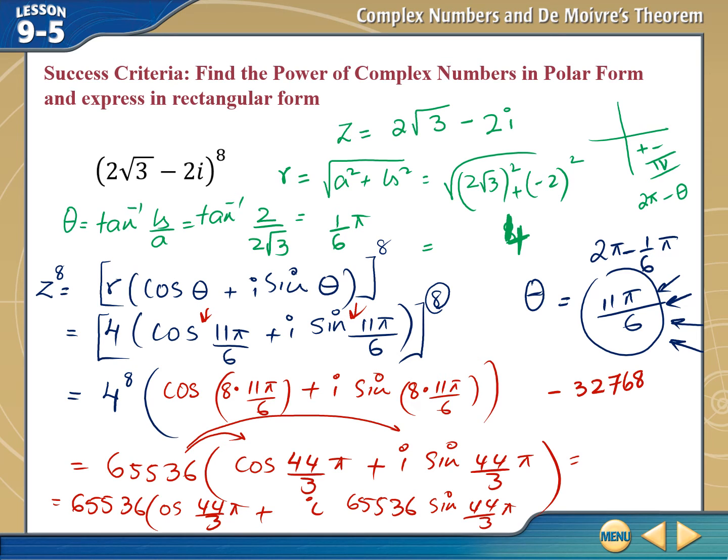Then write 65536 sine of 44 by 3 pi, and it would give you plus 56755.8 i. Don't forget to write the i in the final answer. So this is your answer after applying De Moivre's theorem.